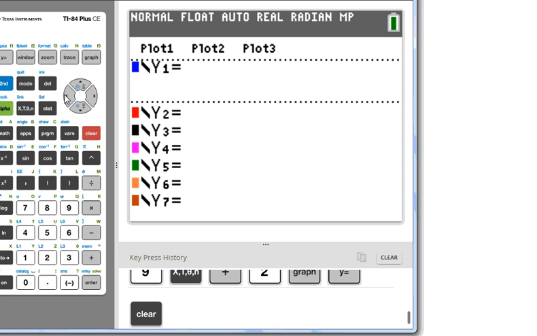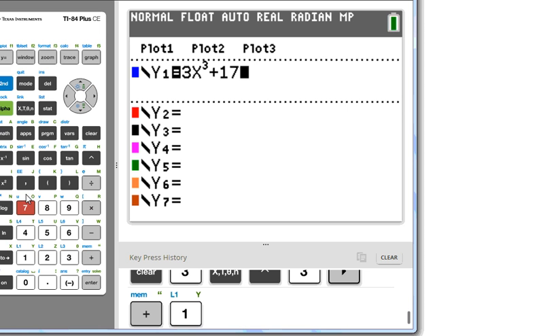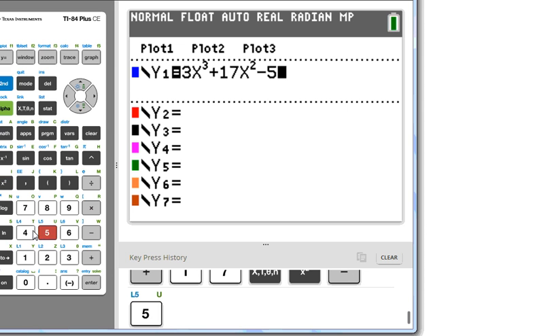We got 3x cubed plus 17x squared minus 54x plus 16.